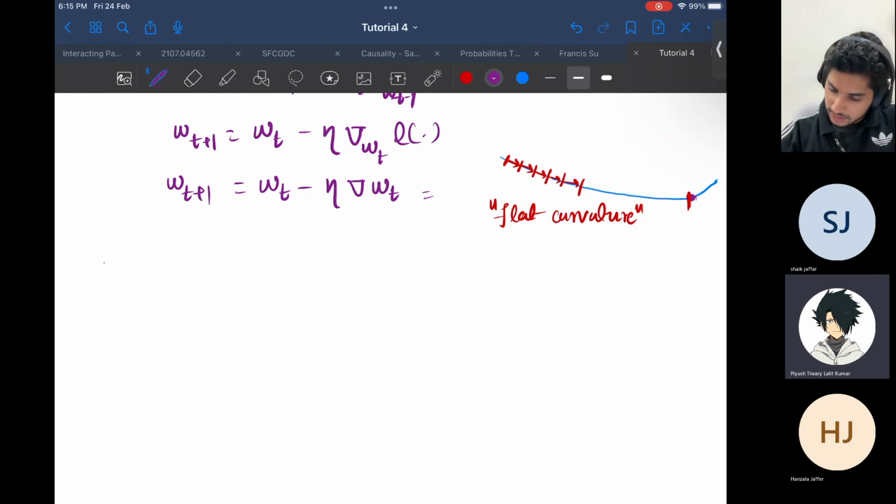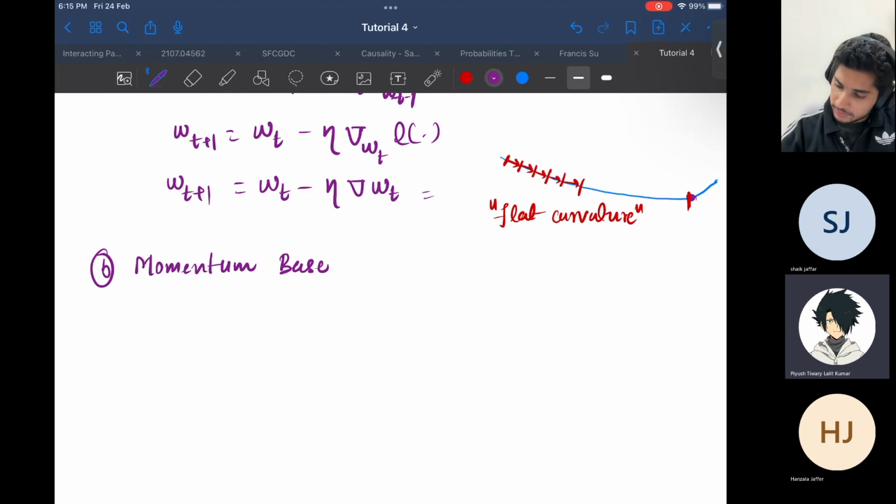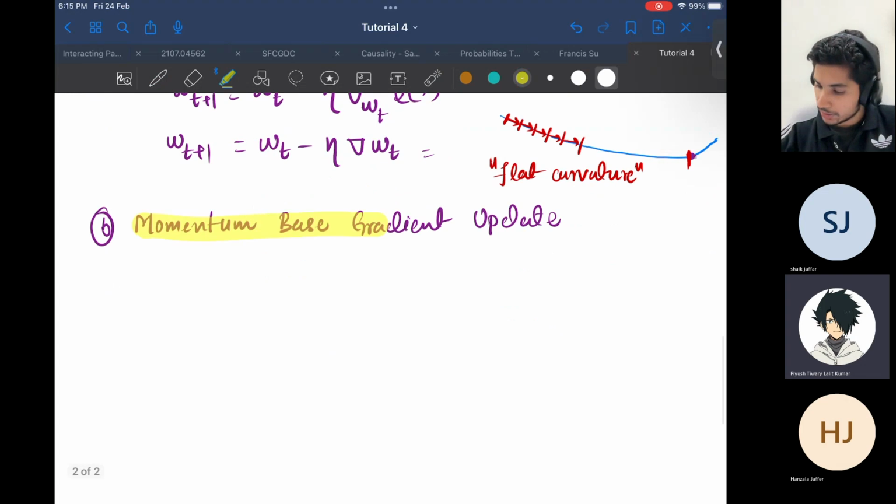We termed this momentum based gradient update. The momentum based gradient update was a smart trick, also known as the heavy ball algorithm.